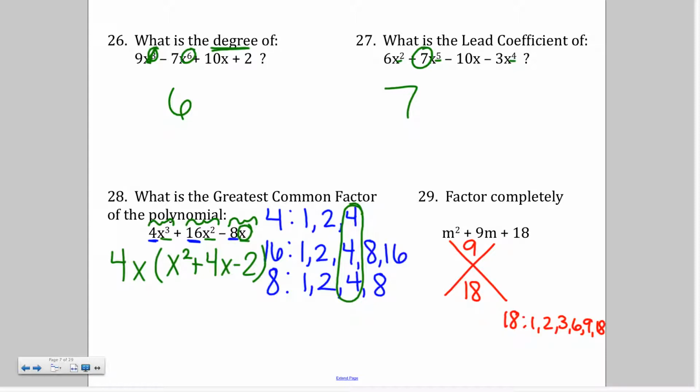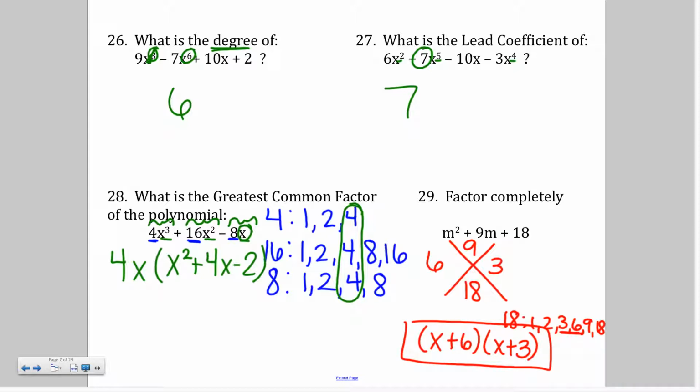Now if we look to see what would give us 9, we have 6 and 3. So our factors are going to be x plus 6 and x plus 3. And that's going to be your answer.